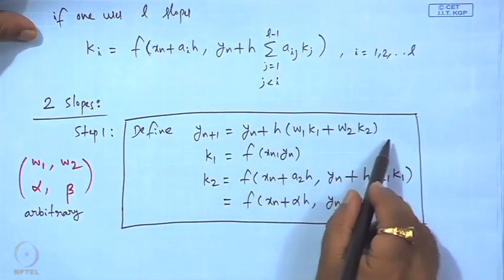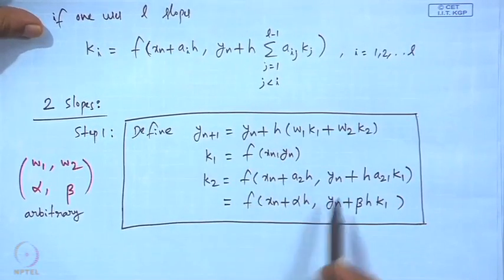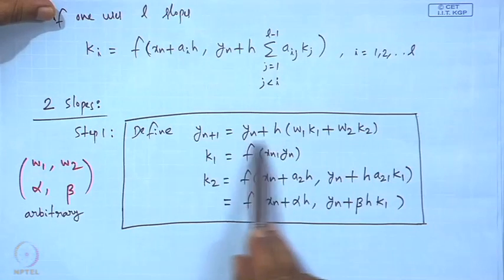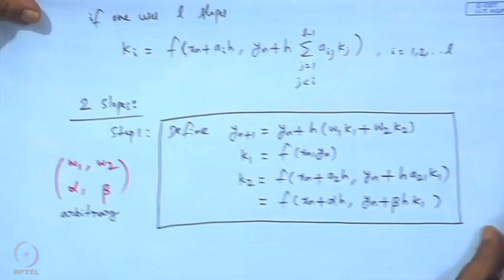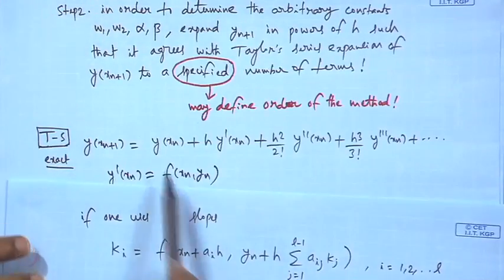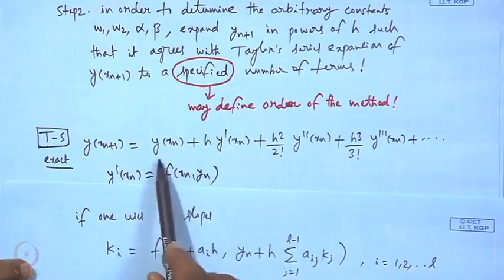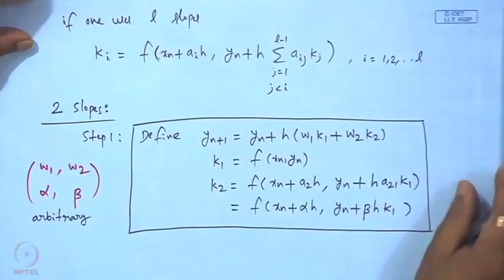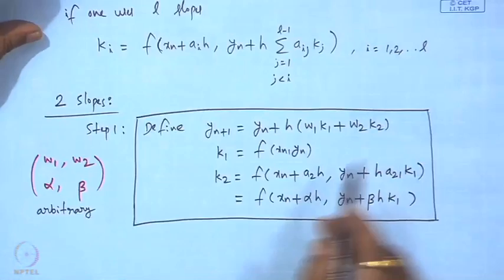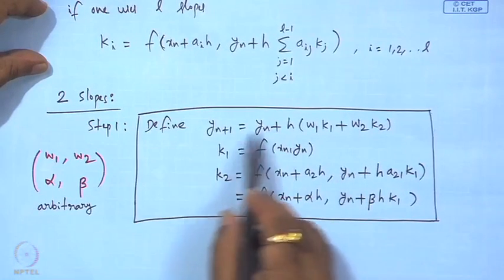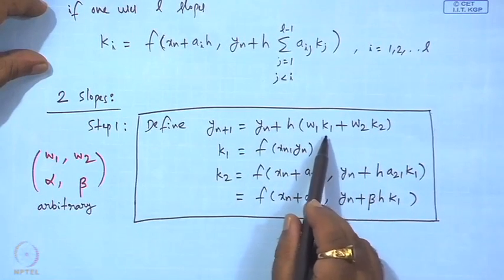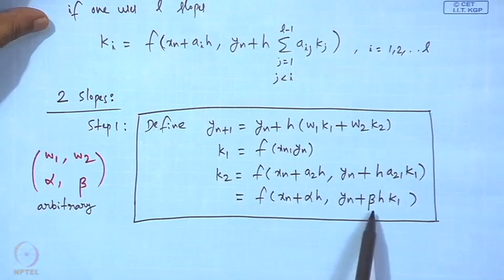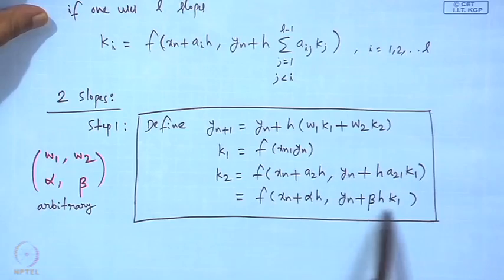Now, we have the approximation, this is the approximation. So, what is our aim? Our aim is to expand this in powers of h, so that we compare with this. Okay. So, it is slightly complicated. So, let us try to do that. So, now our immediate concern is to expand this in powers of h. That means, for example, k 1 there is nothing to expand, but when you take k 2, yeah, there is, you have to expand this, right.